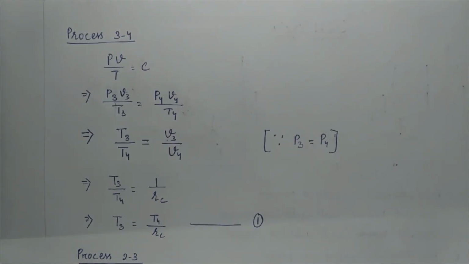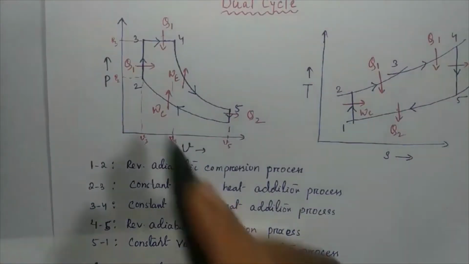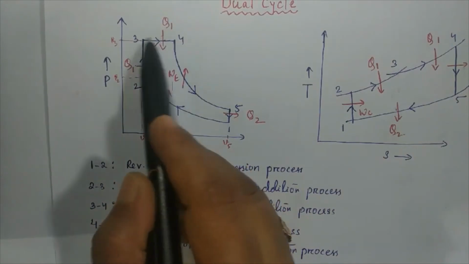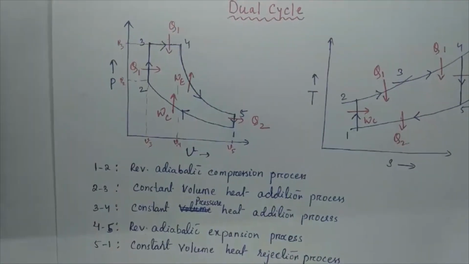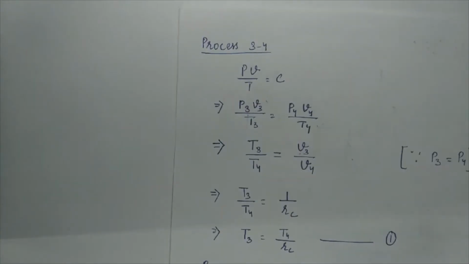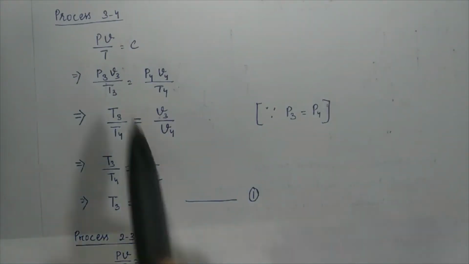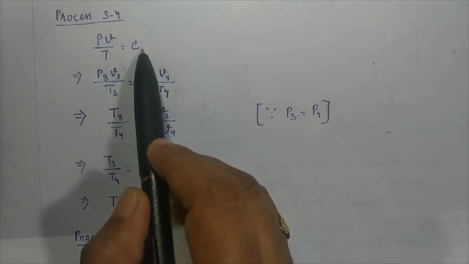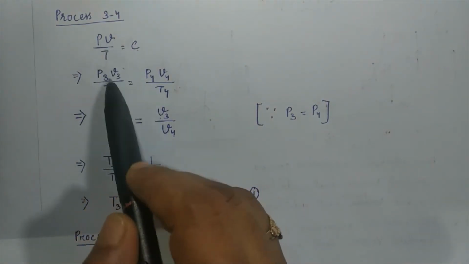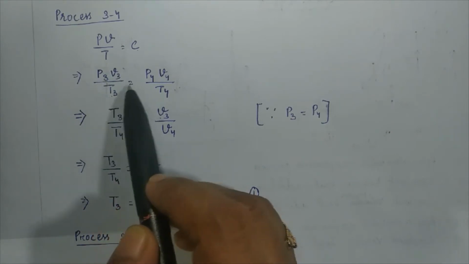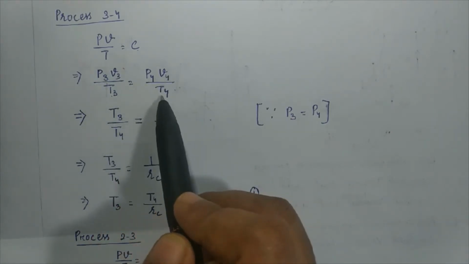Next we consider process 3 to 4. Process 3 to 4 is a constant pressure heat addition process. For this, we consider the relation PV by T equal to constant. So P3 V3 by T3 equal to P4 V4 by T4.